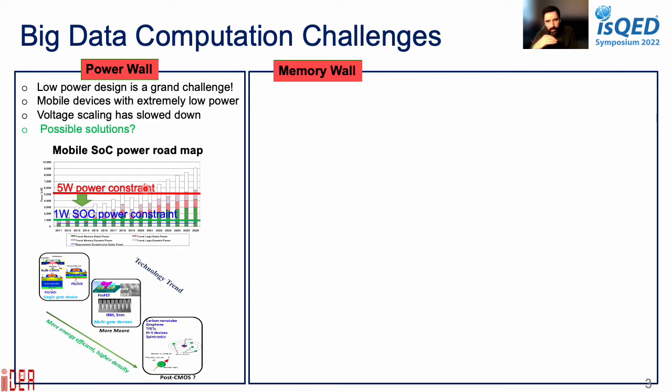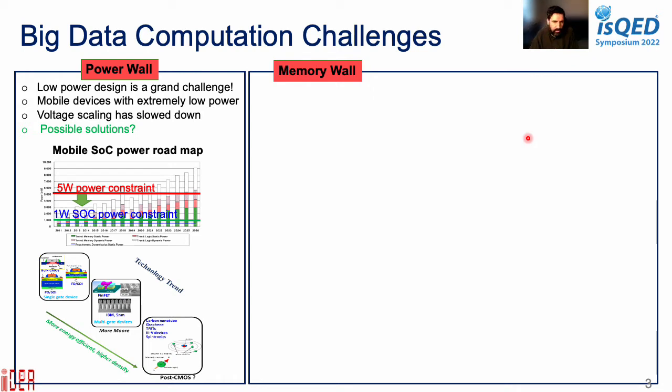As we are moving toward big data processing, current computing platforms face different challenges from device and architecture perspectives. To name the most important ones, we have power wall and memory wall bottlenecks. Low power design is considered one of the greatest challenges in the semiconductor industry, especially for mobile and IoT devices.